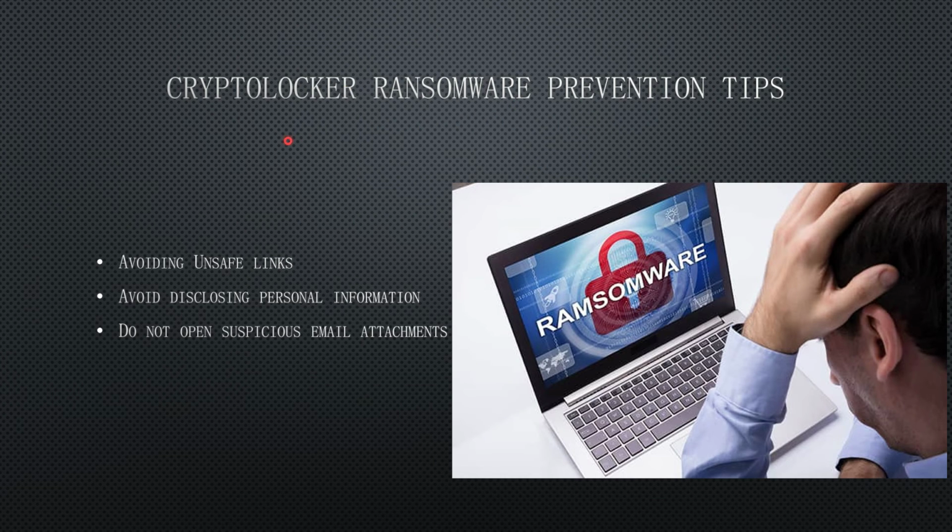Now, these are the steps that can be taken to prevent Cryptolocker ransomware. For example, never click on unsafe links. Avoiding clicking on links in spam messages or unknown websites might help avoid Cryptolocker ransomware. Another one is we should avoid disclosing personal information.